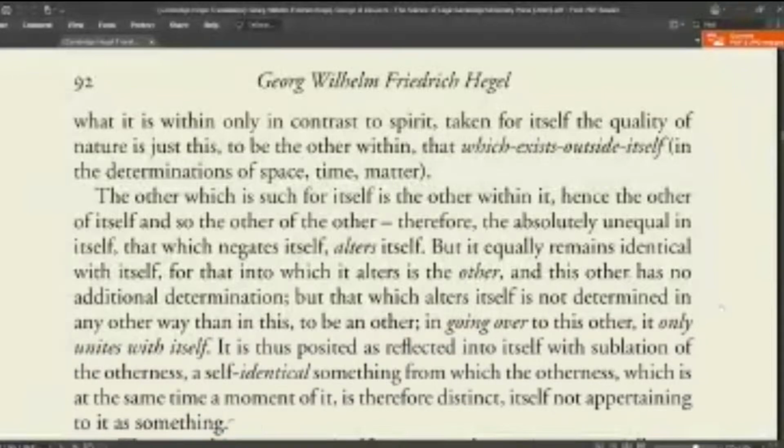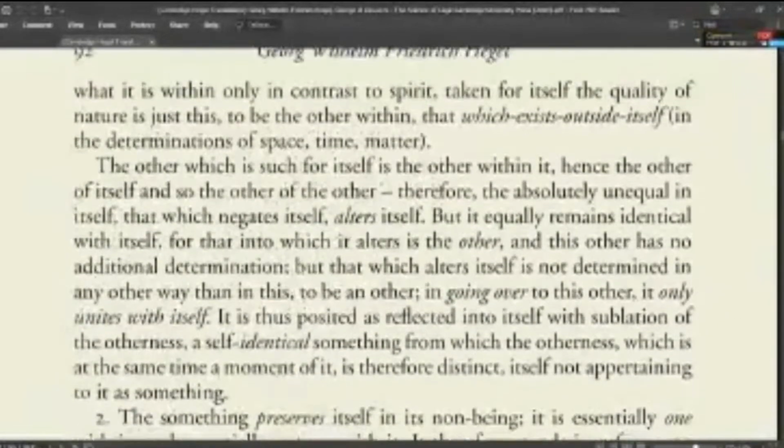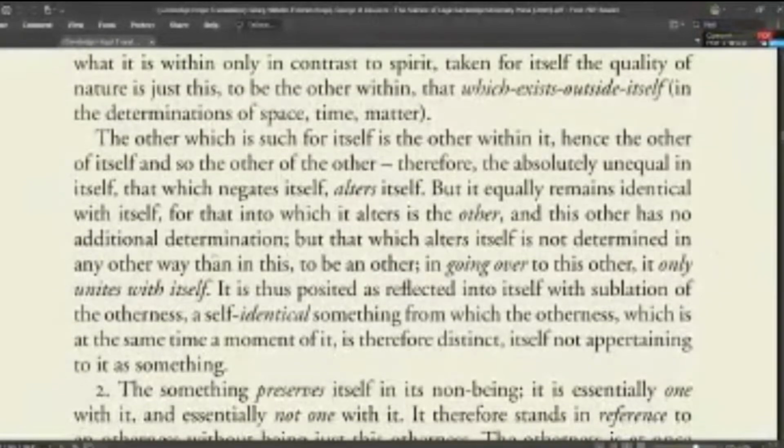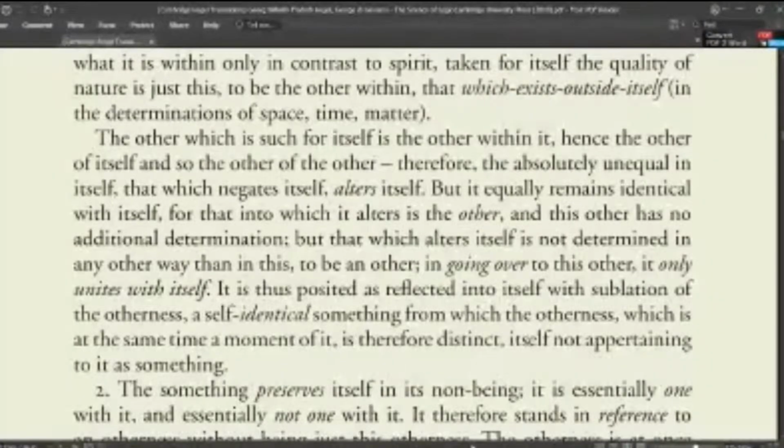This is 100% language games. The way to get this is literally the way it reads. It is a self-referential meaning game. So, reading it again. The other which is such for itself is the other within it, hence the other of itself, and so the other of the other.